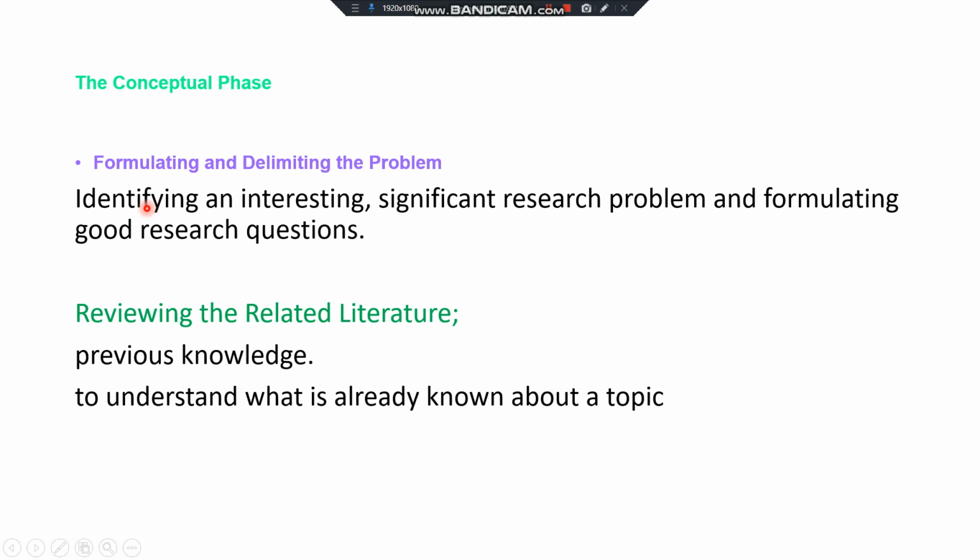What are the things we need to keep in mind? Whenever we start identifying or take up any problem, we should have a broad concept about which topic we are going to select. The broad topic area, the broad concept, we need.